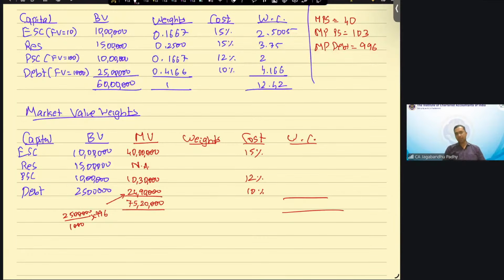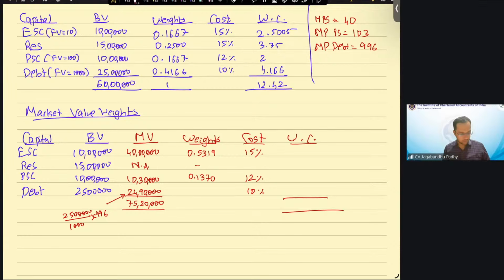Get the weights and then also the weighted average cost. So that's 40 lakh divided by 75 lakh 20,000, which is 0.5319. 10 lakh 30,000 divided by 75 lakh 20,000 is 0.1370.